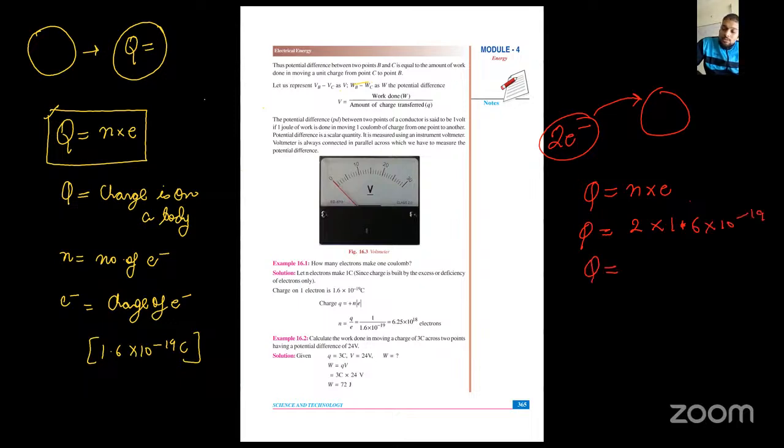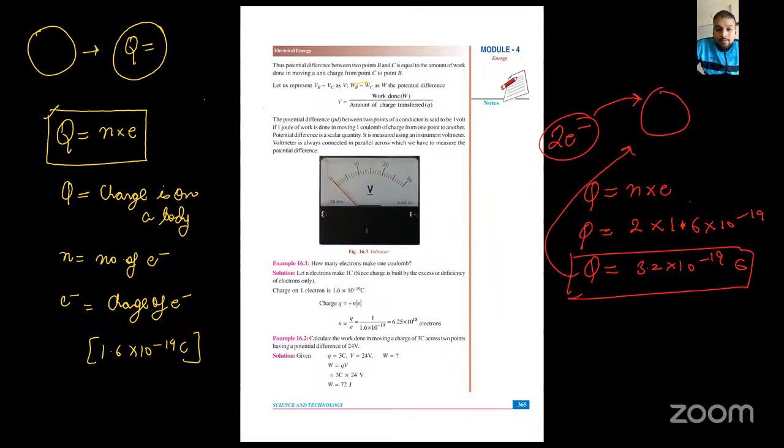So Q is equal to 3.2 into 10 to the power minus 19 coulomb. So the charge on the body will be this much. Understood, Abigail? If 7 electrons transfer, this much. If 10 electrons transfer, this; we multiply with 1.6. Understood, everyone?